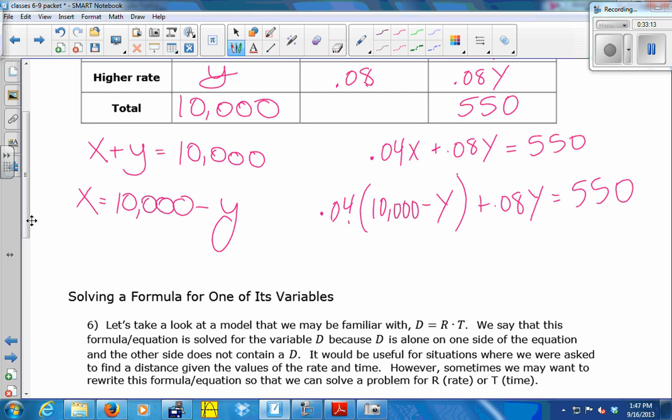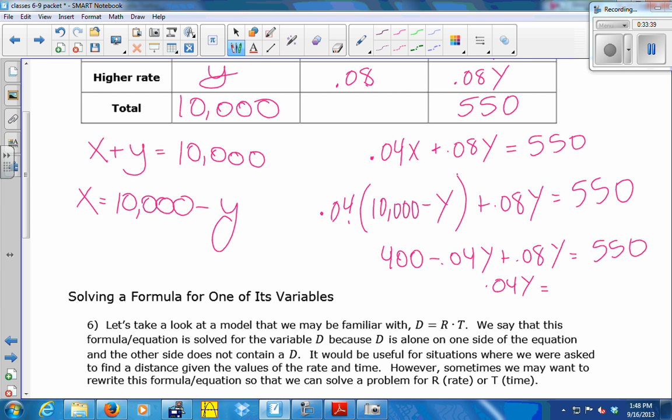So 0.04 times 10,000. Well, 0.01 would mean move the decimal place two to the left, and then 4, so that would be 400 minus 0.04y plus 0.08y equals 550. Combine my like terms, and I have 0.04y.